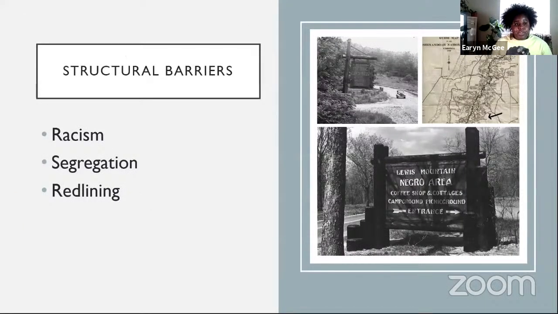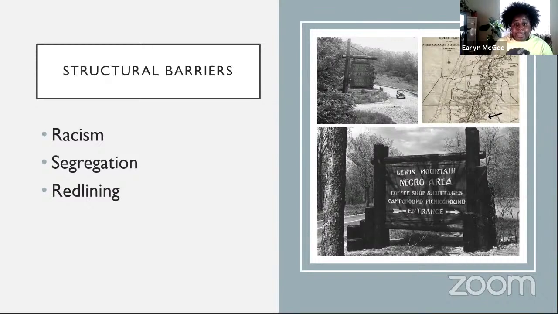So starting off with structural barriers such as racism, segregation, and redlining. And redlining is essentially the systemic withholding of resources from certain groups. So for example, when you think about school systems, the better schools are in the richer areas because based on the taxes, more money is going to the schools because it's the richer area.